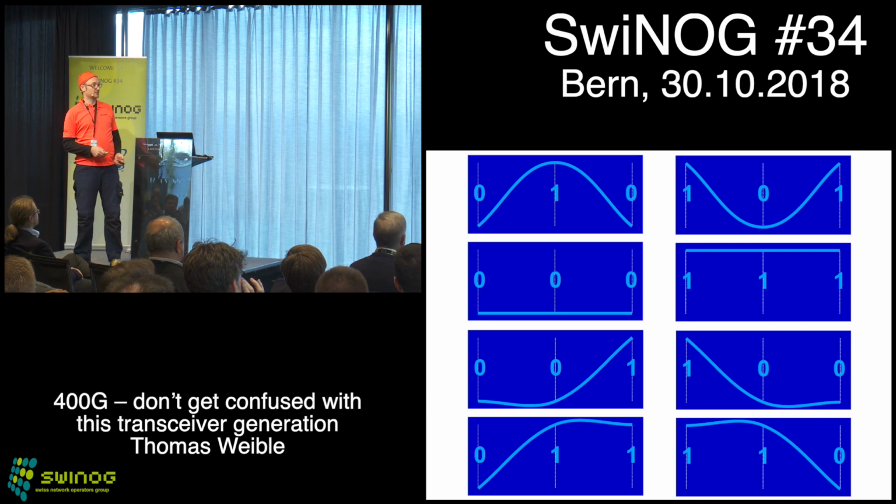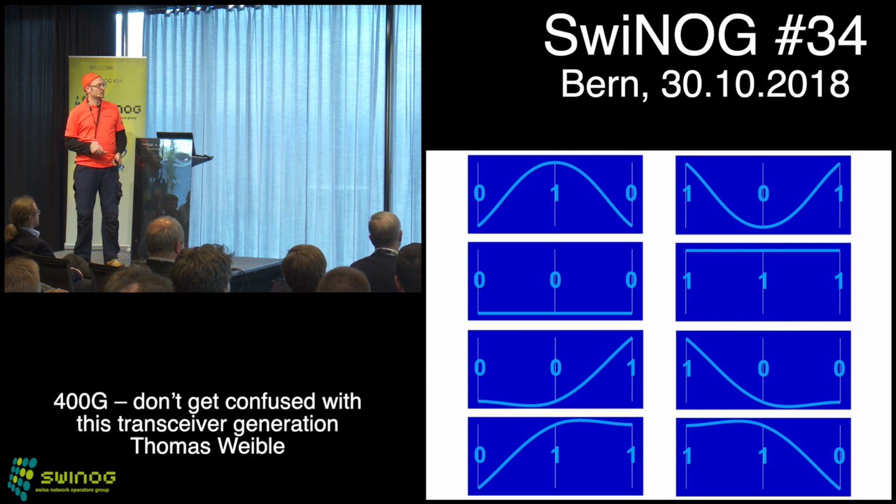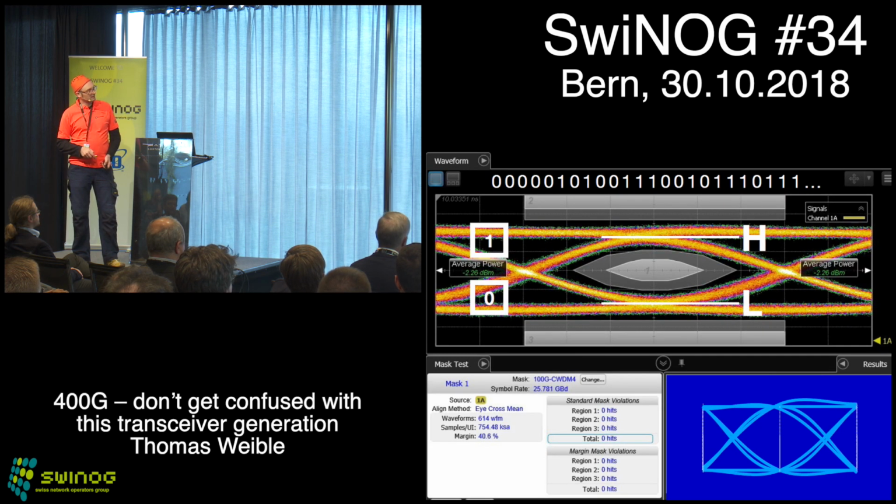We have 8 different states which these three bits can have. So starting from the top again, 0, 1, 0, going down to 0, 1, 1, or 1, 1, 0, or even 1, 1, 1. Now, when you overlay that, you will get something like that down there, and that's basically the foundation of an eye diagram.